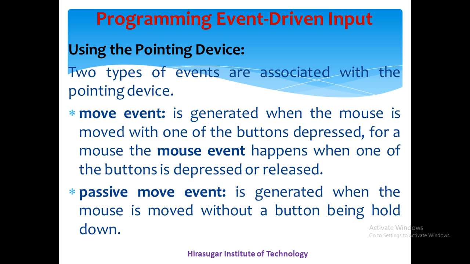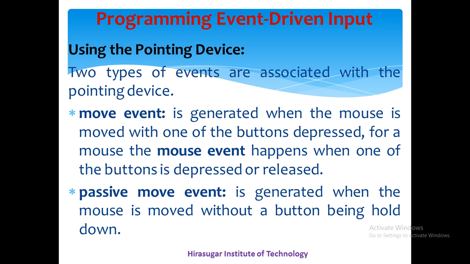Next, today we will discuss programming event driven input, meaning how to interface these hardware devices to applications, right? How to interface hardware devices to an application, then how to make use of those hardware devices in our application, so that I can perform some operation by using those devices. As I told, these hardware devices are classified into 6 logical devices.